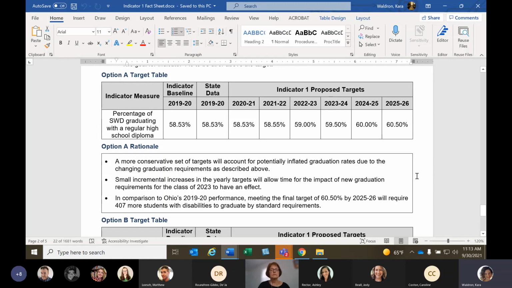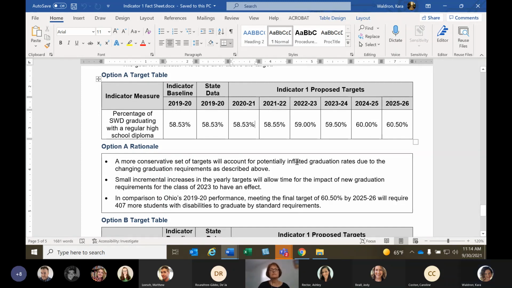And not only do we get to look at actual targets as a starting place, you can see that we're proposing, again more conservatively, to stay at our new baseline for the current year in recognition of the pandemic, and then begin to show steady improvement of a 0.5% increase each year thereafter, roughly. So getting from 58 to 59, and then 59.5, and then 60, and then ending at 60.5 in the last year.